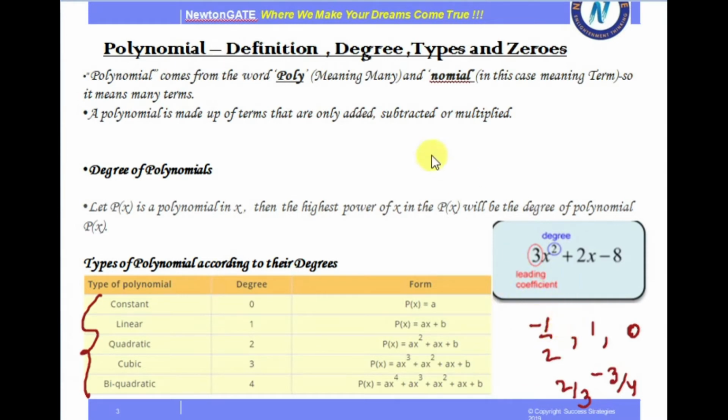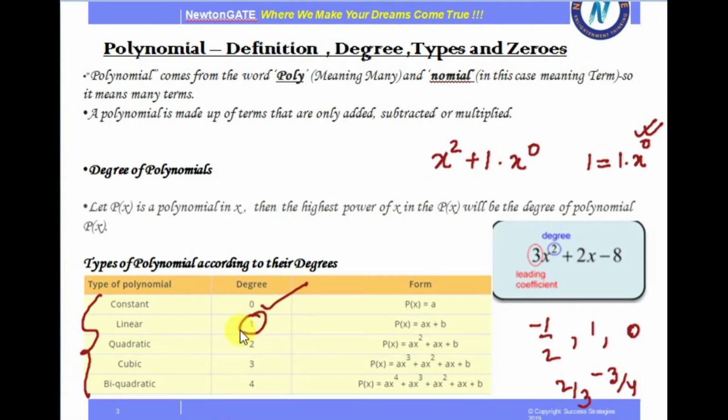As in the previous example, x plus 1, I had written 1 into x to the power 0. So if I just write 1, I can represent it as 1 into x to the power 0. As you can see, the highest power that x is raised to here is 0, so it's a constant. The type of polynomial with degree 0 is called constant.